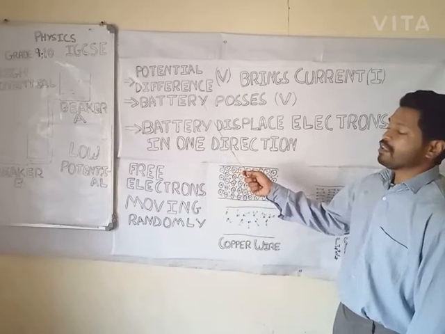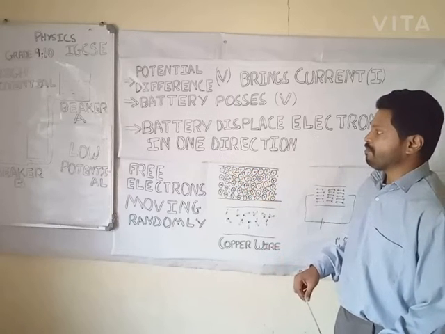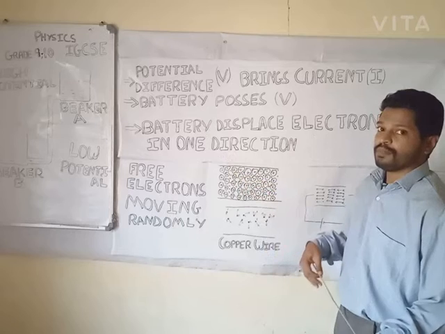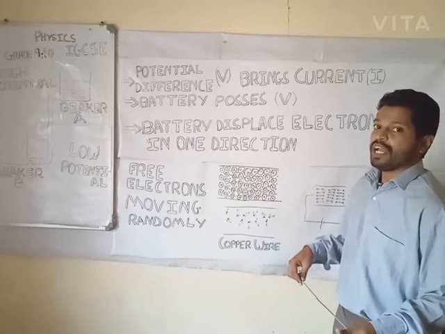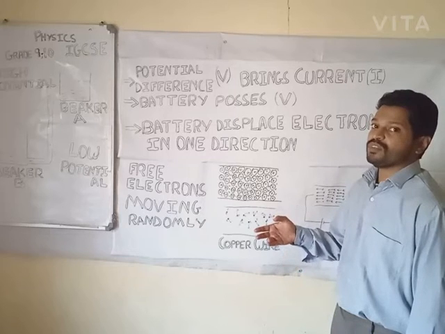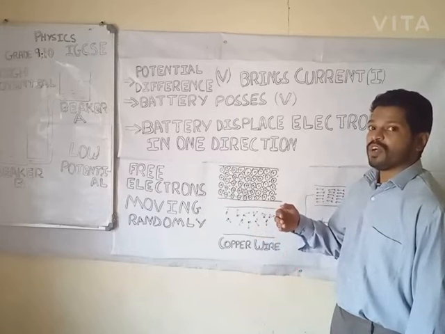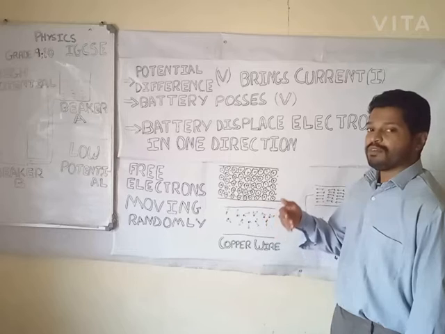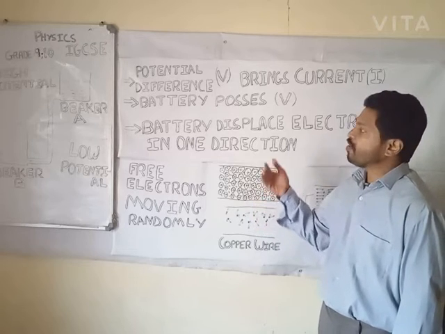And the battery here is more than a cell. A cell has 1.5 volts and a battery should be 3 volts or more. If it is 3 volts, again it is called a battery, and if it is more than 3 volts, it is called a battery.